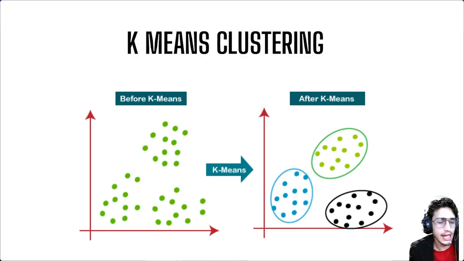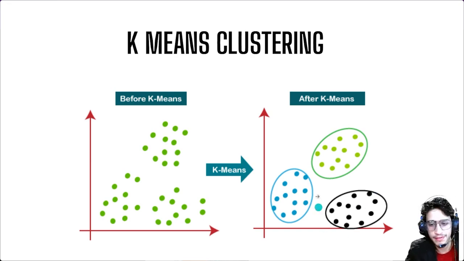After that, I say that I want three clusters from that, so it will make three. It will take a center point, then make a circle and take the similar points inside it. So here it makes three clusters: one of green color, one of blue color, and one of black color. Similarly, we can make as many different clusters as we need.